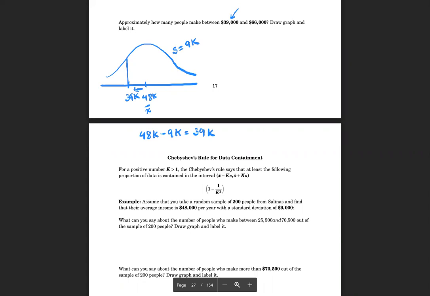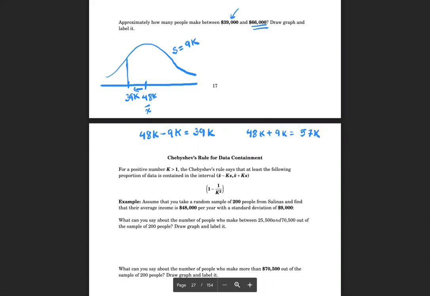Now, to get to 66K from the mean, which is 48,000, how many standard deviations do you have to move? 48K plus 9K gives me 57K, right?